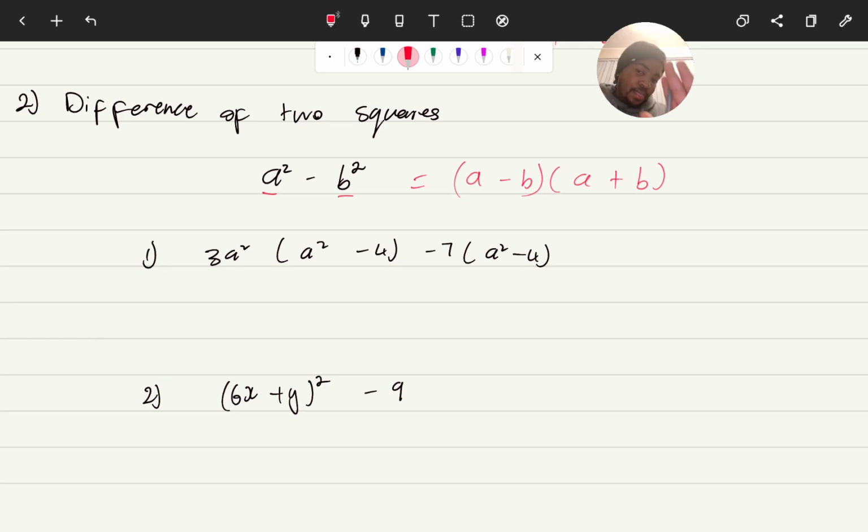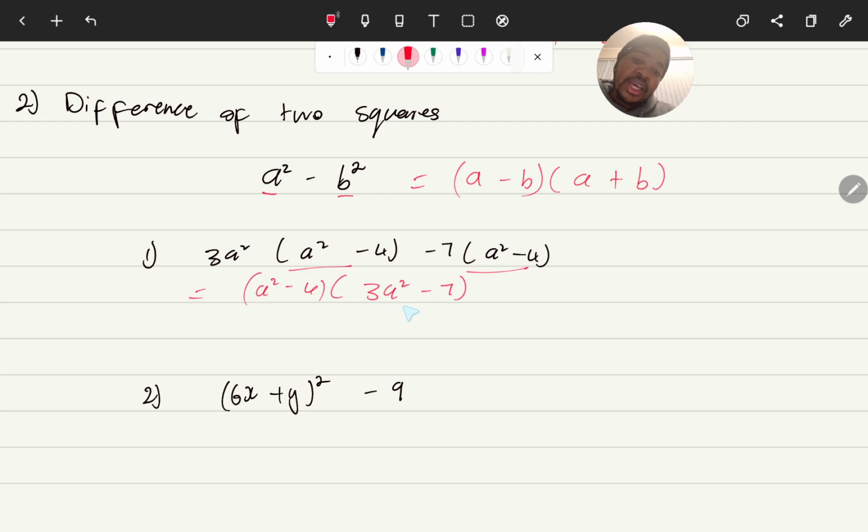So when we come here, what's the first thing we look for? Common factor. Do we have it here? Let's look. I think I see something. Yes, we do have it. That means this is going to be your common factor, and then we are left with 3a squared minus 7. On this bracket, there's nothing we can do.